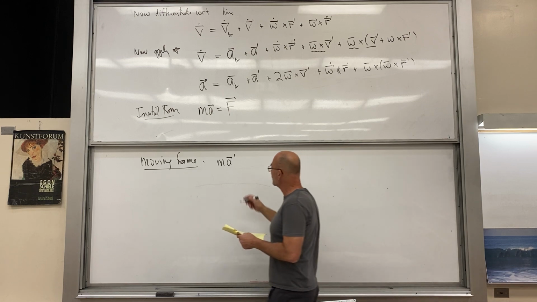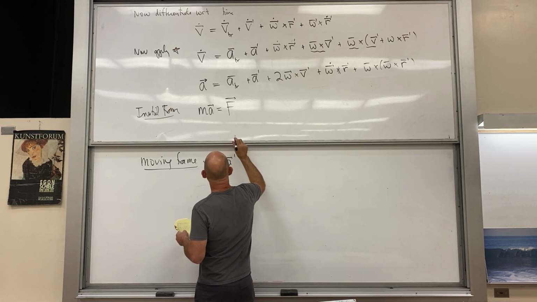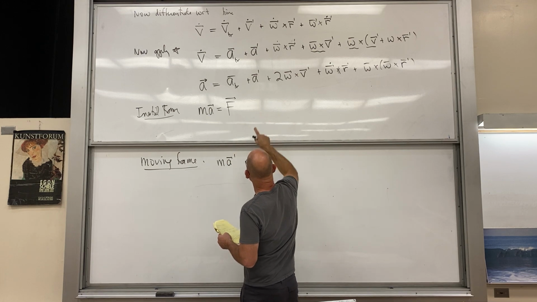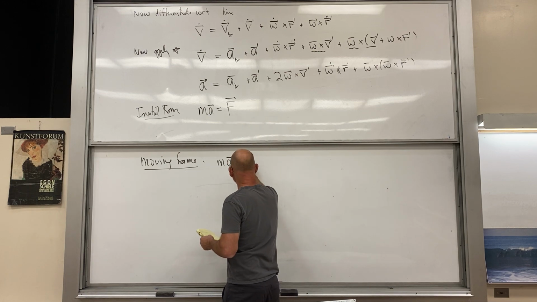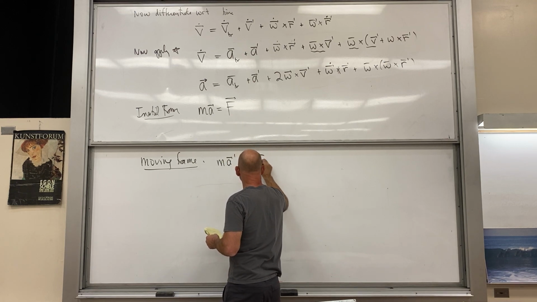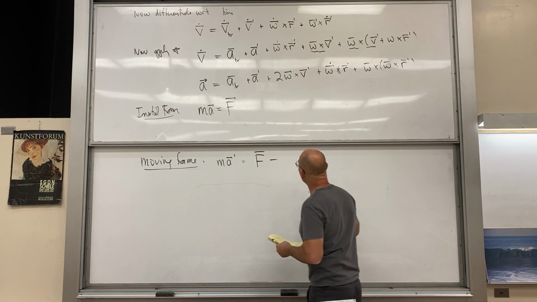Okay. So did I prime this? No, I didn't. So m a prime, we're talking about mass times that one in the prime system, is equal to m a, which is F, minus everything else.